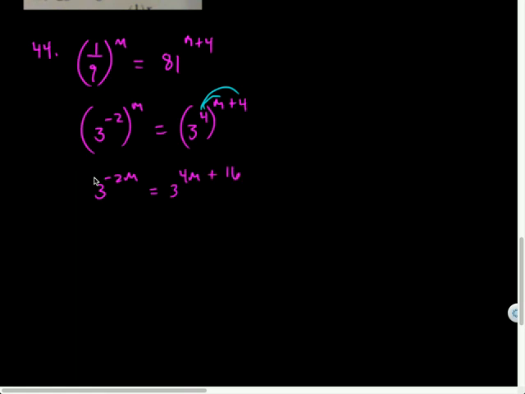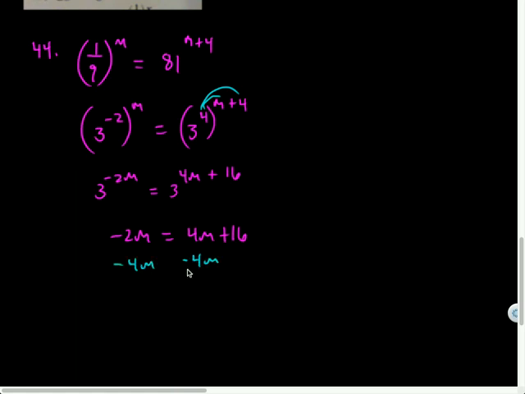Now I've got two powers that are equal to each other. Their bases are the same, friends, so therefore their exponents must be equal. So negative 2m equals 4m plus 16. Normally I'd move the 2m over here, but why not? I'm not afraid of negatives.